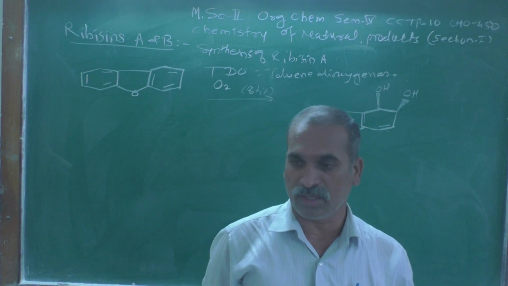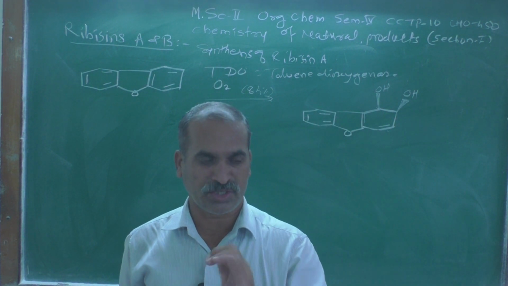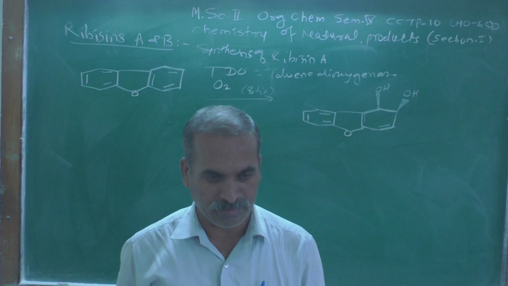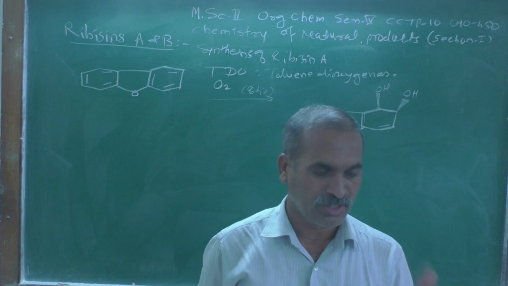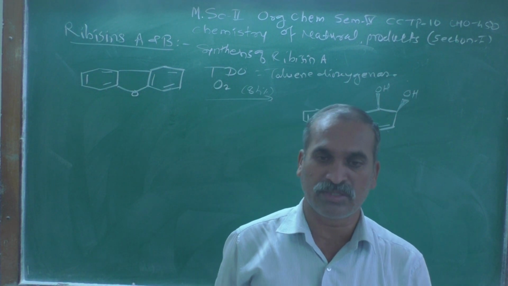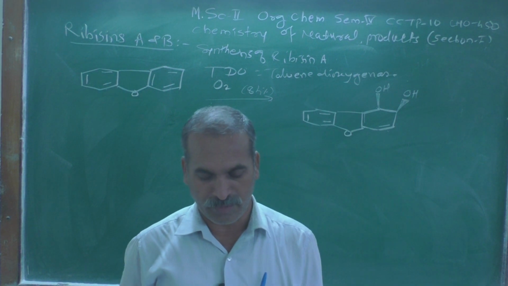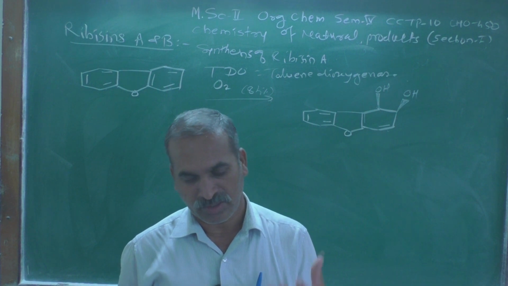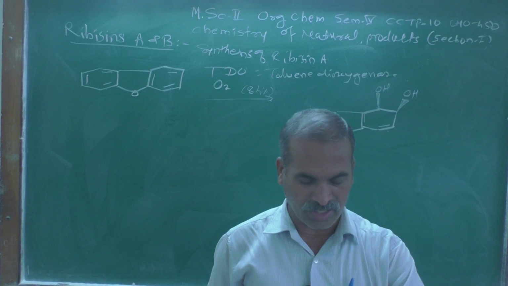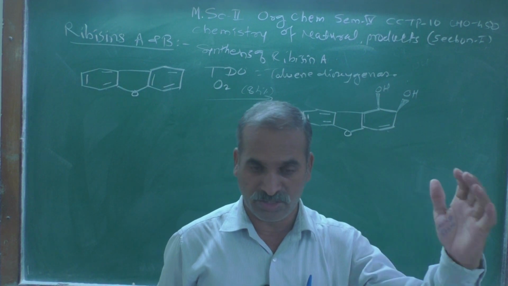Suppose we have a starting material that is an olefin. Traditional reagents such as potassium permanganate or osmium tetroxide, OsO4, are known for their cis hydroxylation, meaning they generally give a 1,2 vicinal diol, where both hydroxyl groups come on the same side.